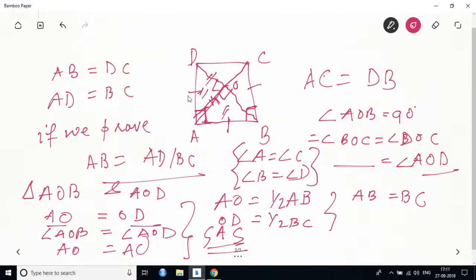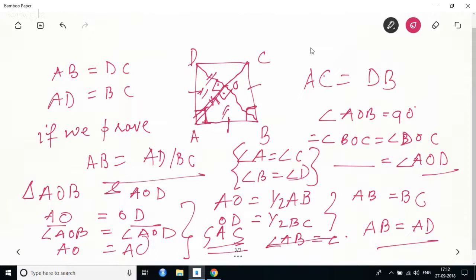And if these two triangles are congruent, then by CPCT, sides opposite to this 90° angle would be equal. So I can prove that AB is equal to, sorry, I'll write AB is equal to AD. If I prove that AB is equal to AD, automatically I prove that all four sides are equal.